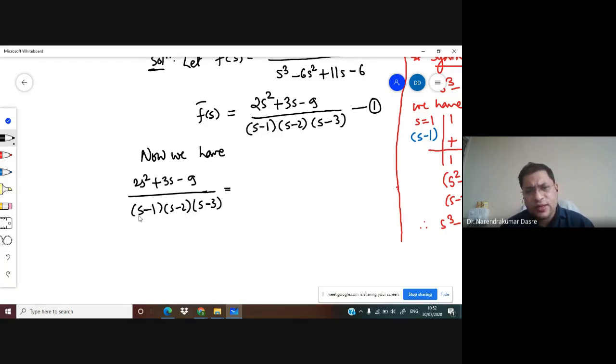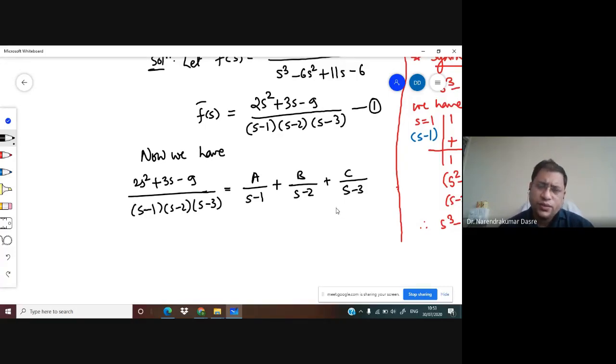These are all linear factors, and moreover they are distinct linear factors. So we don't have any repeated linear factor here, and hence we write the partial fraction as A upon s minus 1 plus B upon s minus 2 plus C upon s minus 3.